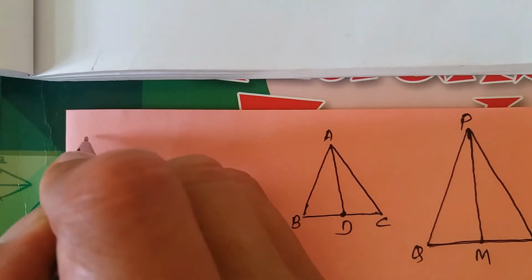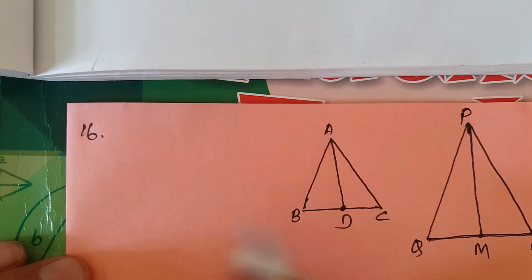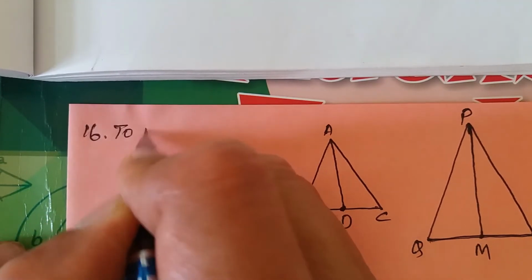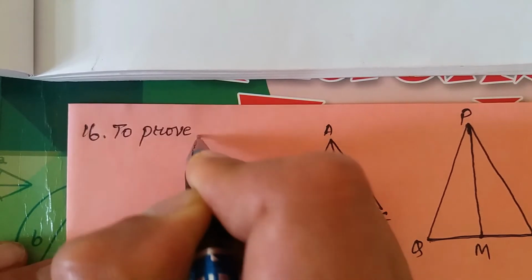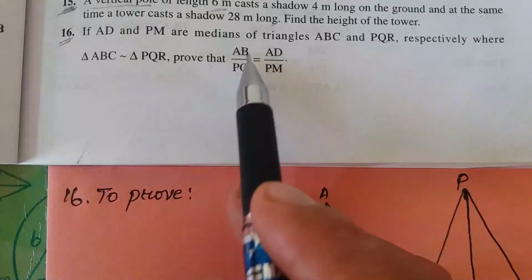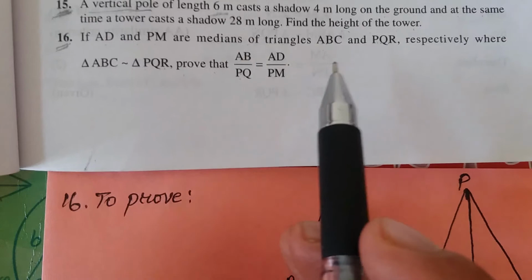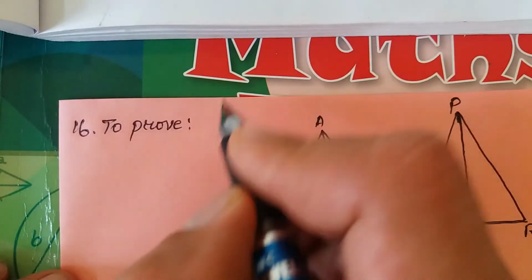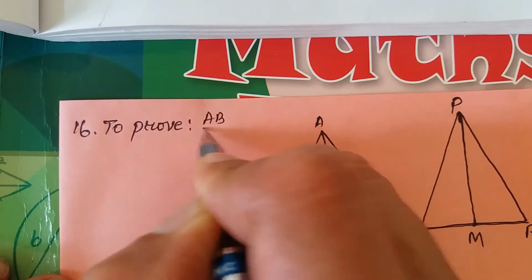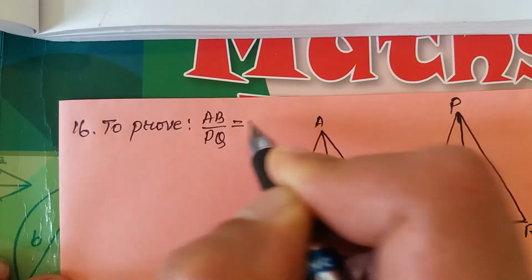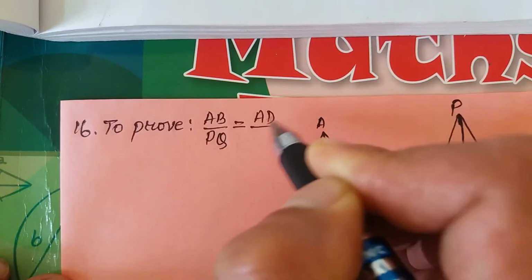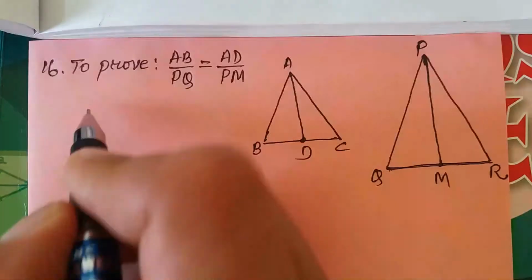Now this is question number 16. To prove is AB by PQ is equal to AD by PM. Now proof.